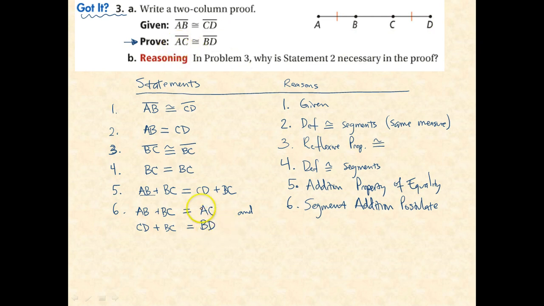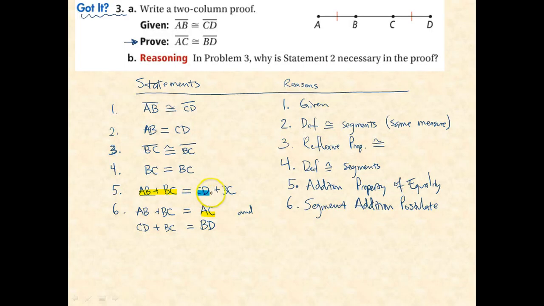I'm very close to being able to say that AC is congruent to BD. It's kind of fun. So here's what we have. We've got the length of AB plus BC is equal to AC. And we've got CD plus BC is equal to BD.